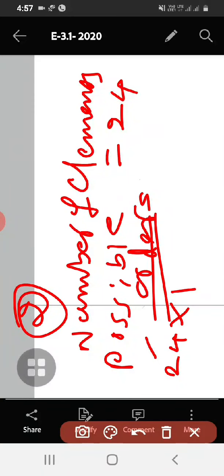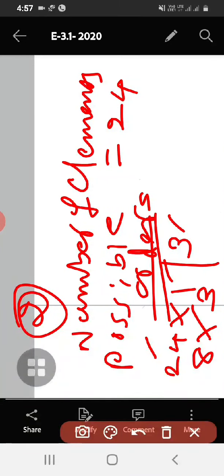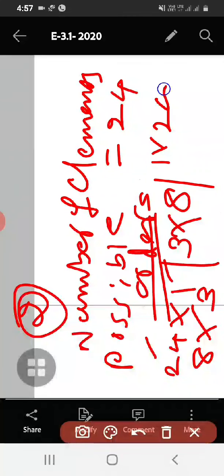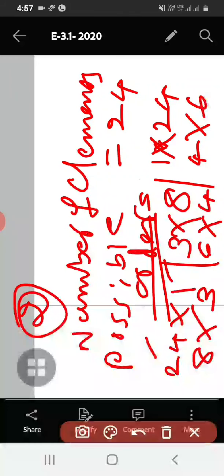See, 24 rows may be present, one column may be there. Then 8 cross 3, so 8 threes are 24: 8 rows and 3 columns may be present. Or 3 cross 8. Or 1 cross 24. Or 6 cross 4, 6 rows and 4 columns. Or 4 cross 6. So this is also possible.